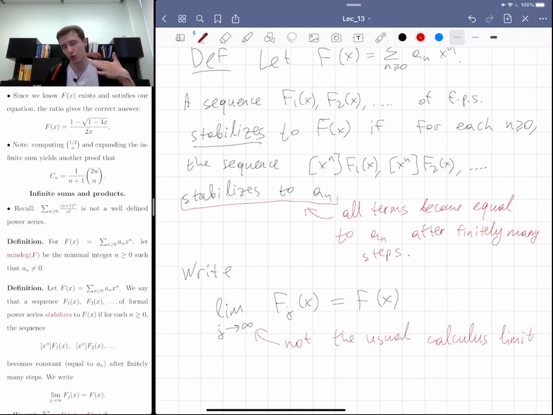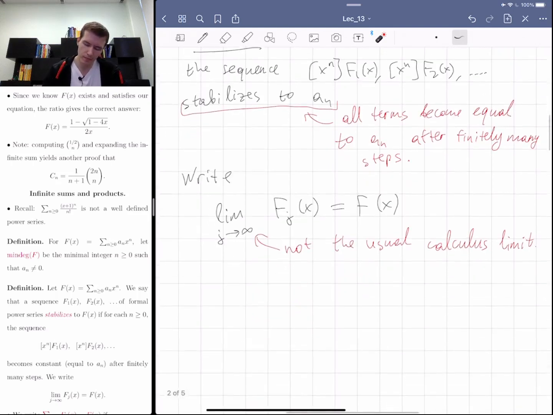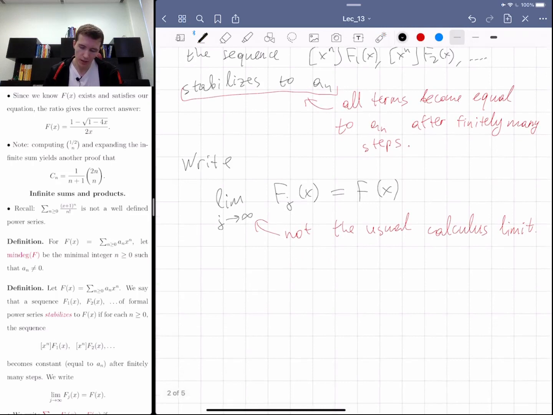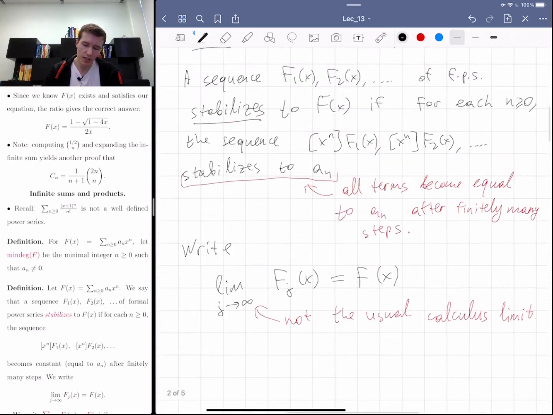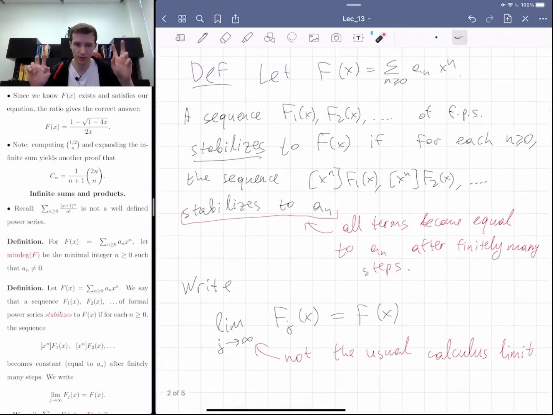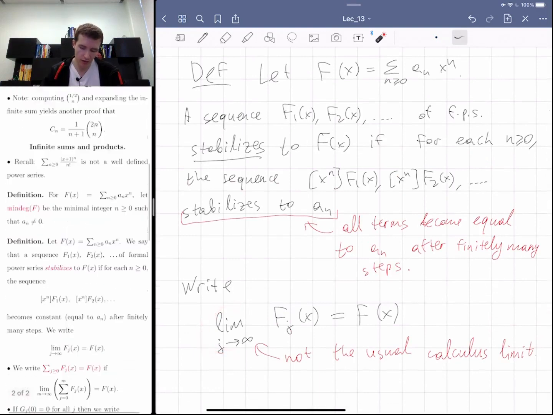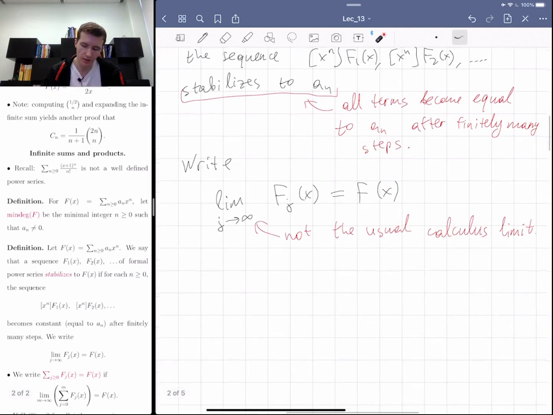This is a much stronger notion. I want all coefficients to be exactly equal to a_n after finitely many steps. That's the difference. And now, similarly to calculus, once I have the notion of a limit, I can define infinite sums.